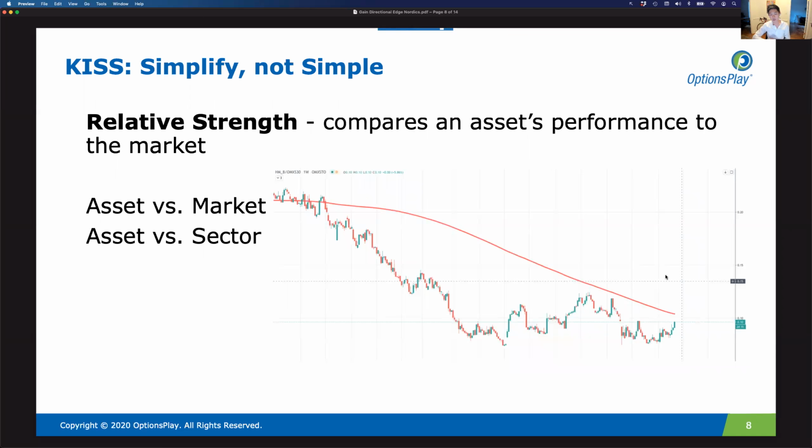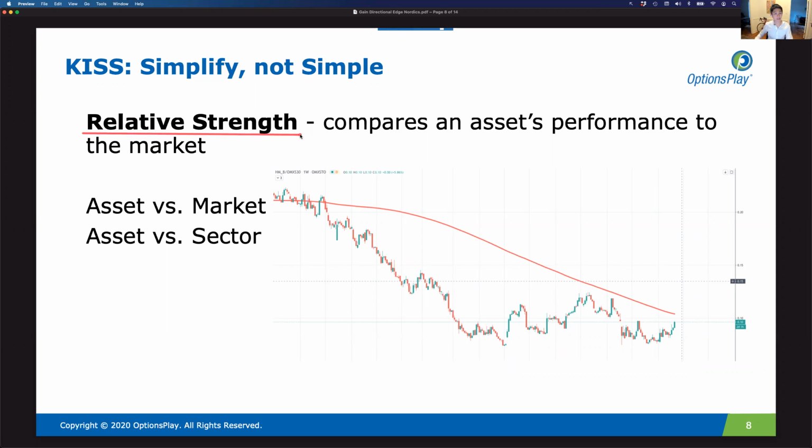So this is the same chart for H&M, but we compare it to the OMX S30 here. What's not only important is the trend of a stock against itself, but how that stock is performing compared to the broader market. That is an important thing that we call relative strength.